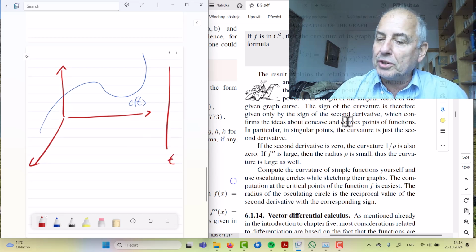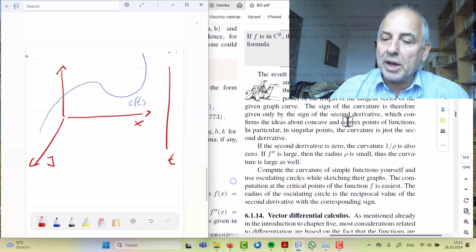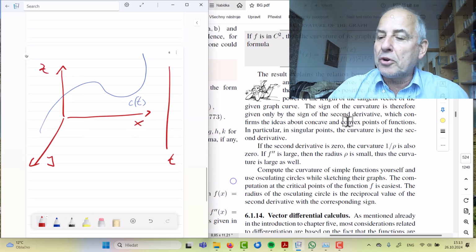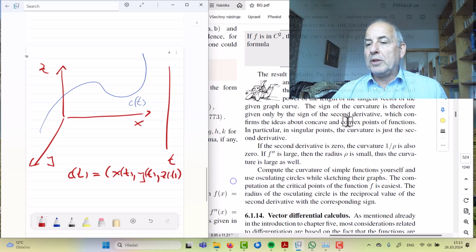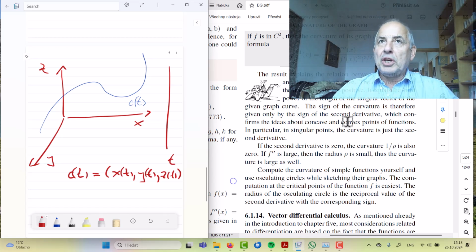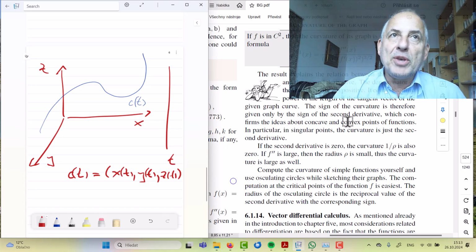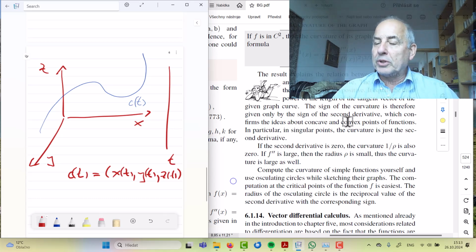So here is the t, here I have x, y, and z. So actually the curve c(t) is for me rather something like x(t), y(t), and z(t). So it's 3 independent functions, right? But again, I would like to see the things appearing and working without dependence on the chosen coordinates. So how to do that?